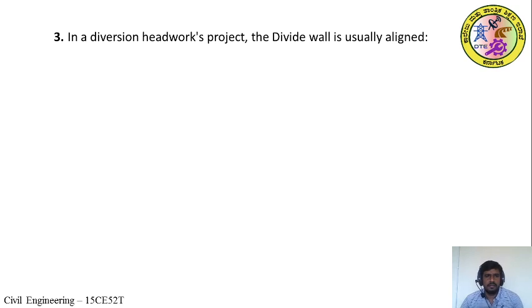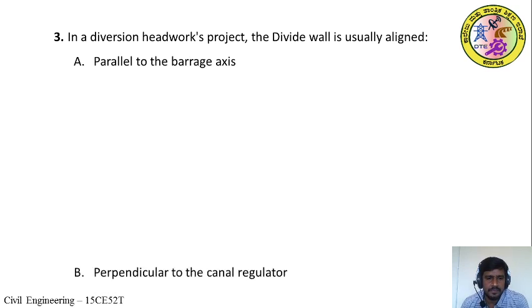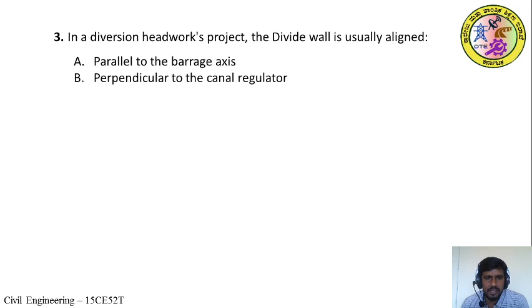Okay, let's move on to the third question. In a diversion headworks project, the divide wall is usually aligned. Okay, let's see the options. Parallel to the barrage axis, perpendicular to the canal regulator, perpendicular to the weir axis, none of the above.